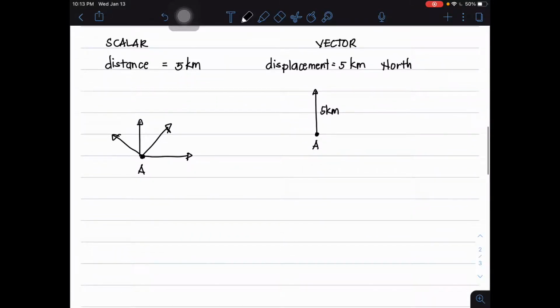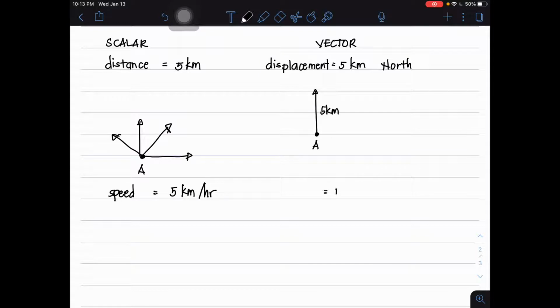What else? Speed. When we say speed, it could be 5 kilometers per hour. To convert it from a scalar quantity to a vector quantity, you have to add a direction.